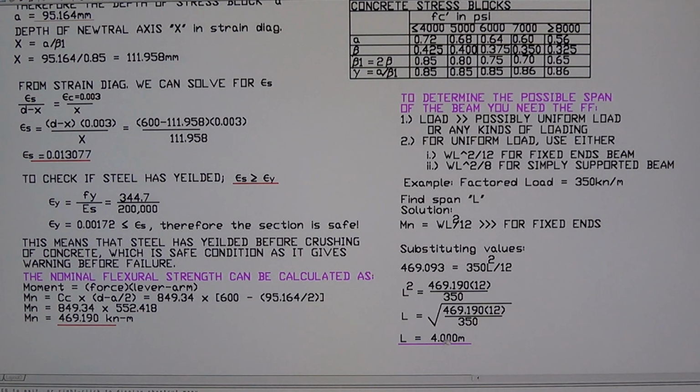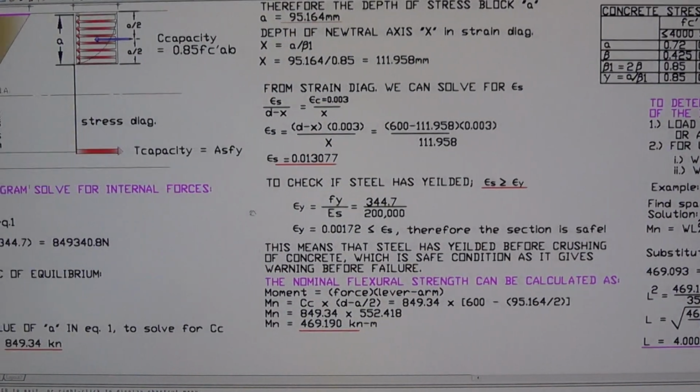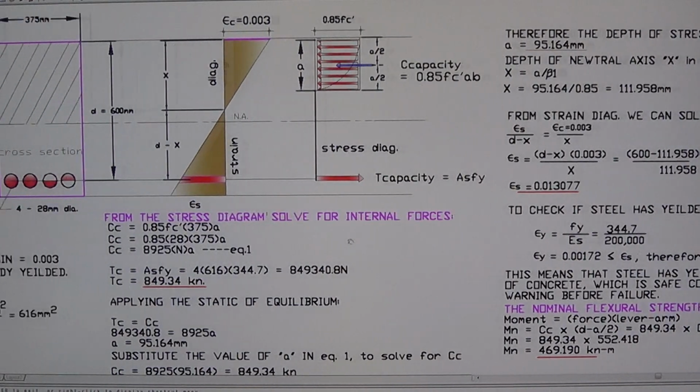So therefore we have the L, 4 meter span of the beam because of the load. It depends on the load. If you double this, the beam will be like 2. So the span of the beam depends on the amount of load that you put there, based on the cross section of the beam that you have designed.